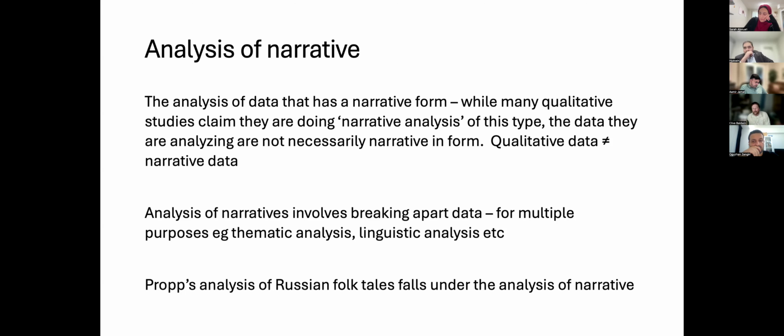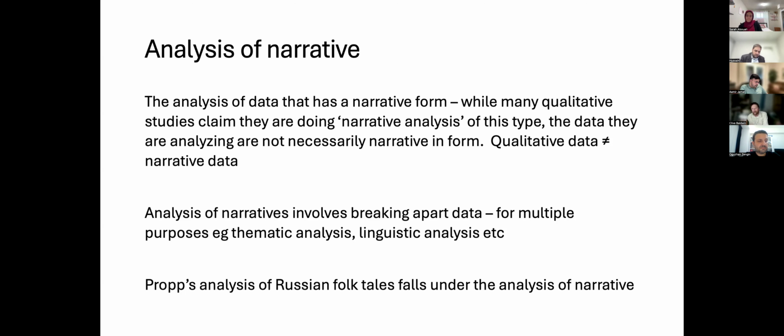We often see in the literature claims to be doing narrative analysis when they are actually analyzing narratives. And even then, they may not be analyzing narrative data. Narrative analysis just becomes a substitute for qualitative analysis. But qualitative data are not necessarily narrative data.